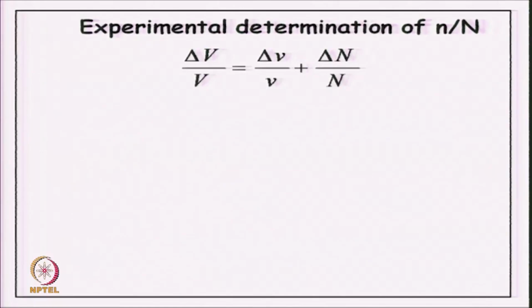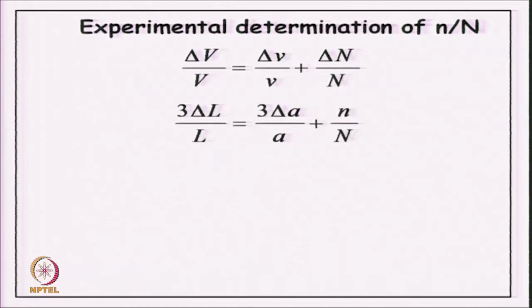So, if we write it like this, delta V in our expression is the fractional increase, and I am changing it from volume increase to length increase. You know from your basic physics that the fractional change in volume is 3 times the fractional change in length in case of thermal expansion.